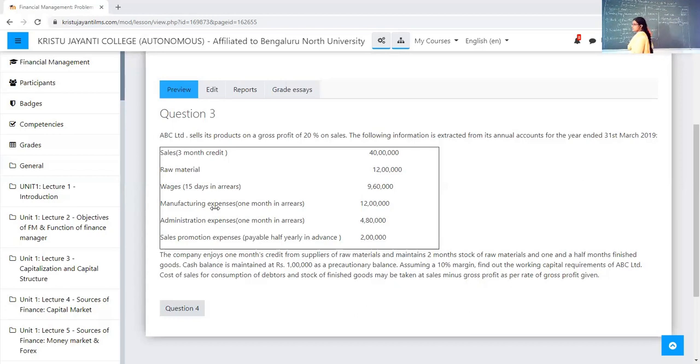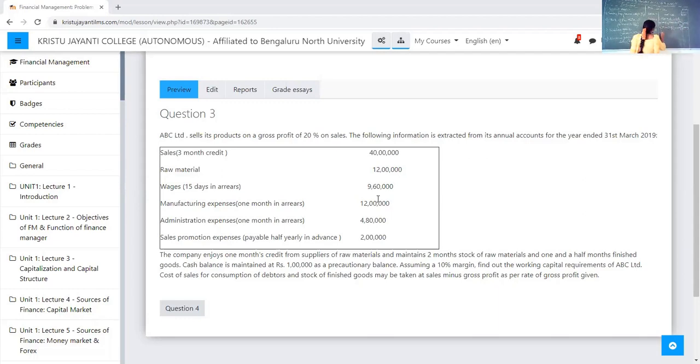After outstanding wages, we have outstanding manufacturing expense. How much is to be paid in terms of manufacturing expense? 12 lakh, which has a duration of 1 month. So 12 lakh into 1 by 12. How much? 1 lakh, right?